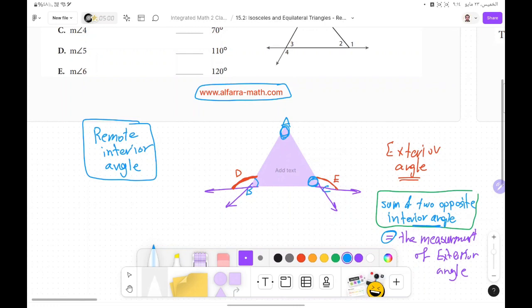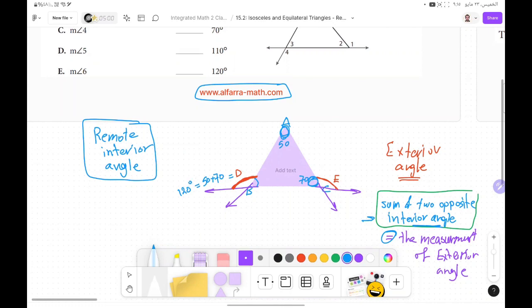Let's say if A equals 50 and C equals 70, then angle D should equal 50 plus 70, because the summation of the opposite interior angles is equal to D. So 50 plus 70 equals 120. D is equal to 120.